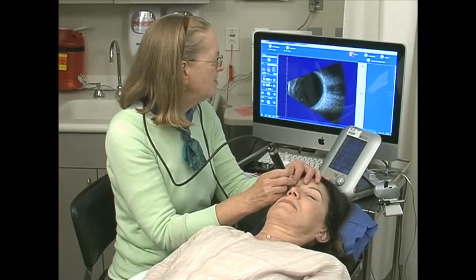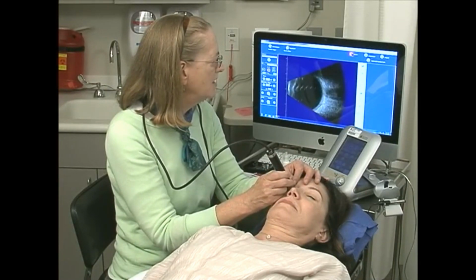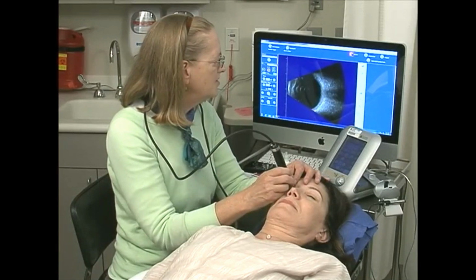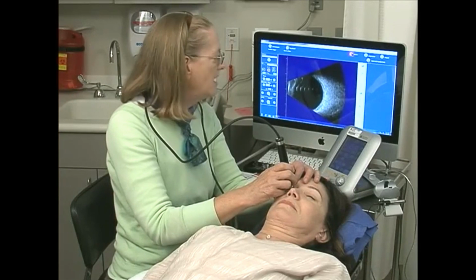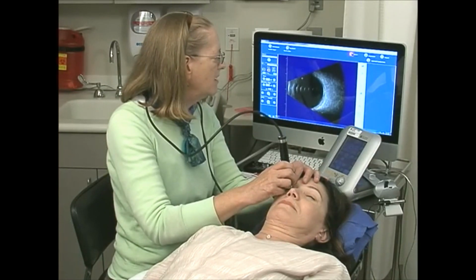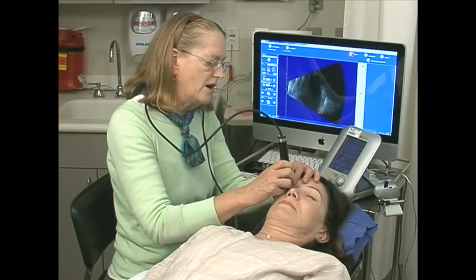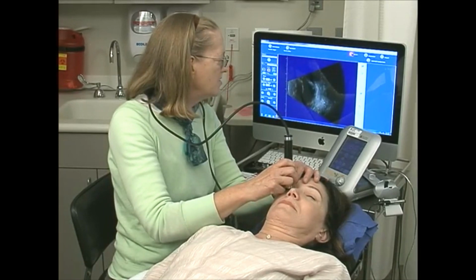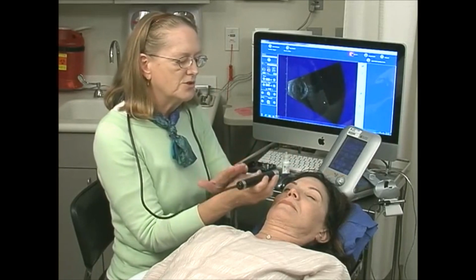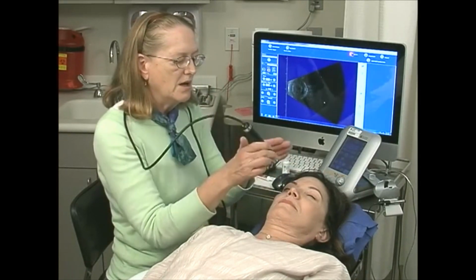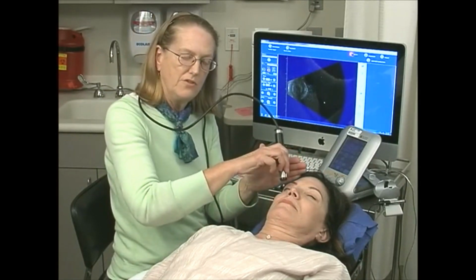So there's the optic nerve, so I know that I'm always starting at the posterior. Then I sweep the probe up, but the sound is going down. I'm now at the inferior equator, and as I go farther and farther out, I start to lose contact with the globe. So that is the horizontal transverse of superior and the horizontal transverse of inferior.